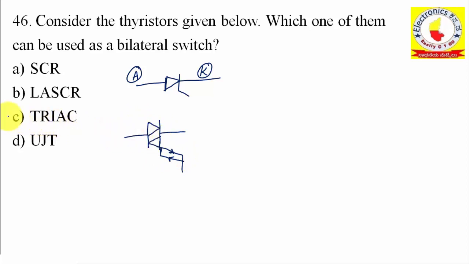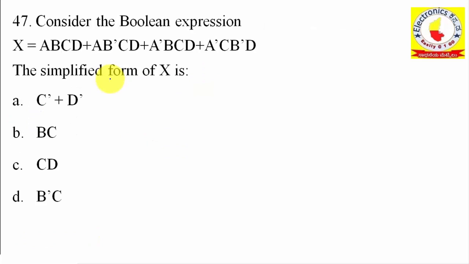So the option is triac. Which option? Option C. The acronyms are very very important: silicon control rectifier, light activated silicon control rectifier, unijunction transistor, right?